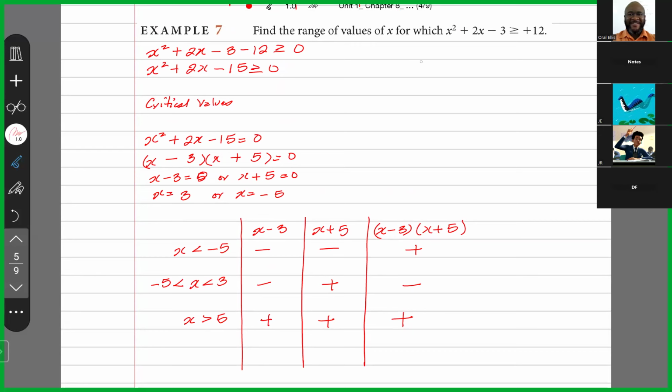So based on our sign table, our solution to x squared plus 2x minus 3 is greater than or equal to 12, which is the same as saying x squared plus 2x minus 15 is greater than or equal to 0, is all x such that x is less than or equal to minus 5.